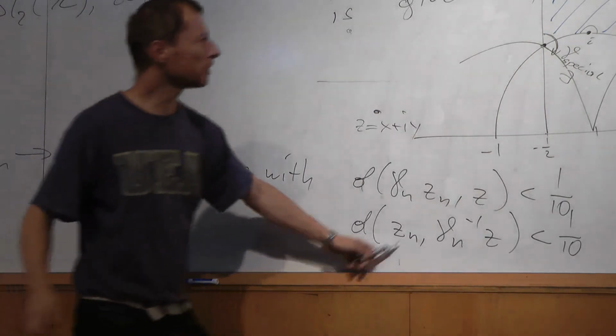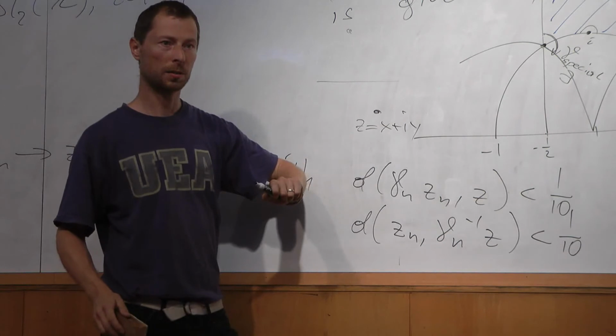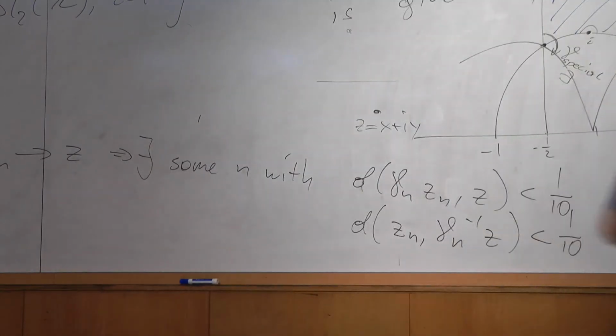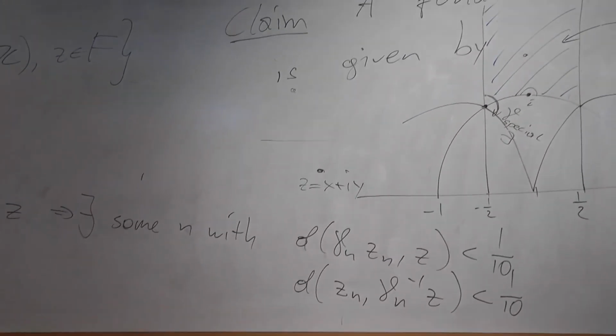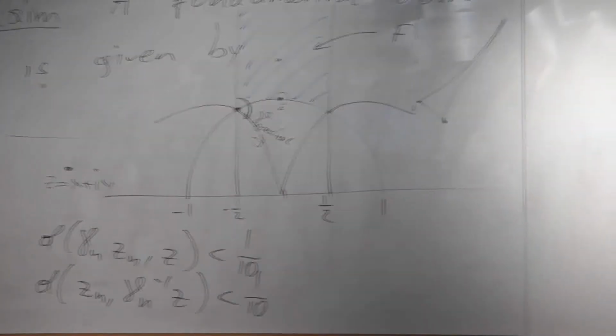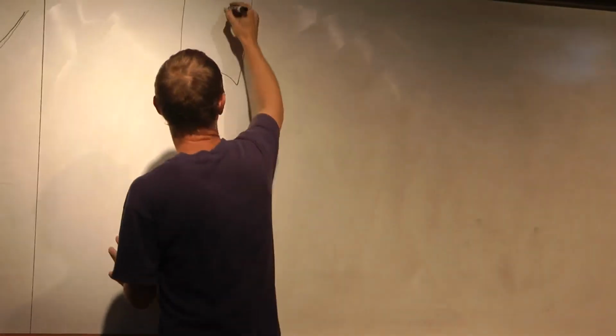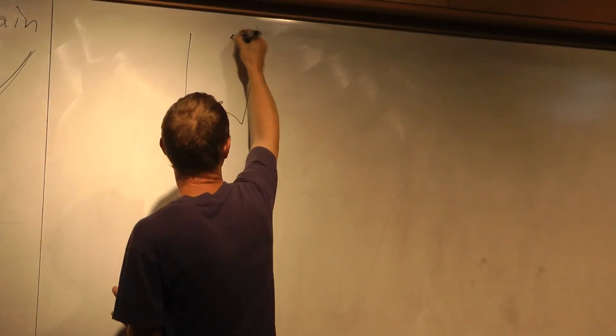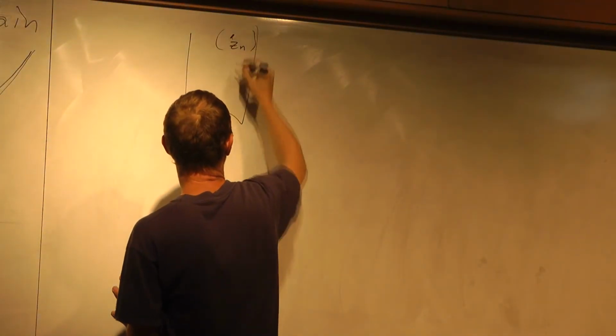But Zn I know is a point in my fundamental domain by choice. So Zn is somewhere, let me draw it. Zn is somewhere, maybe it's here, I don't know.